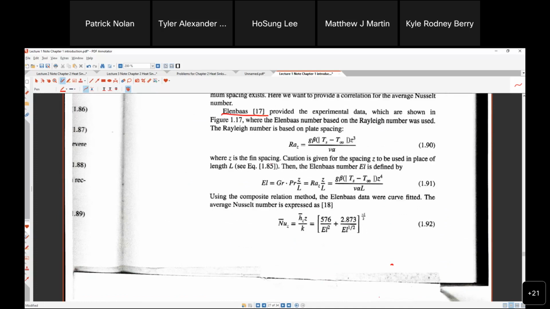Don't ask me why, we just use it. L m-bar is different, so be a little careful. The Rayleigh number is not normal: instead of L, we use Z to the power of 3.